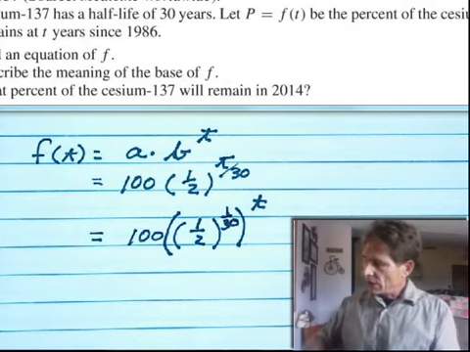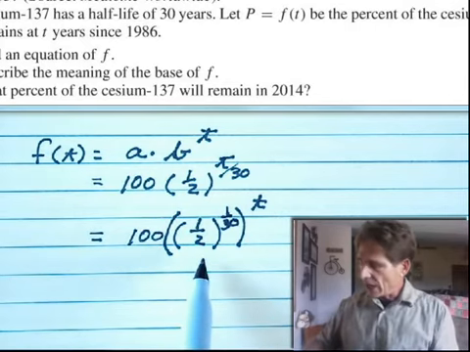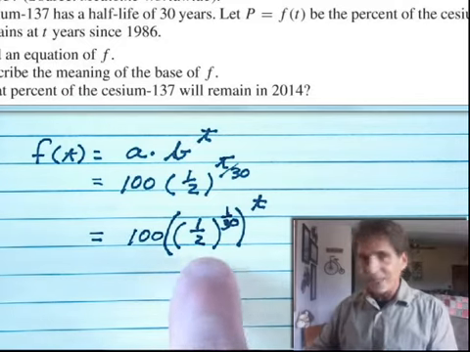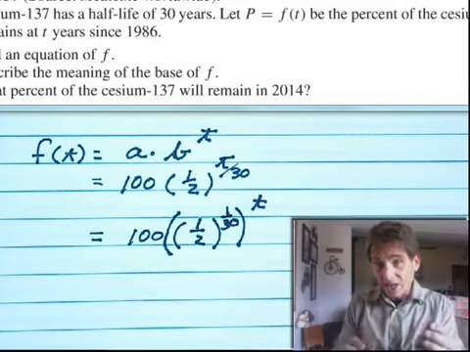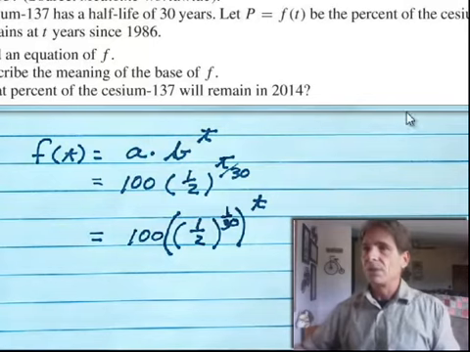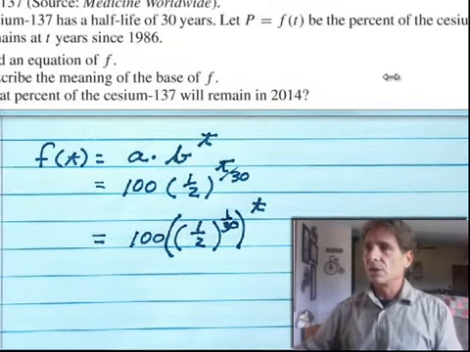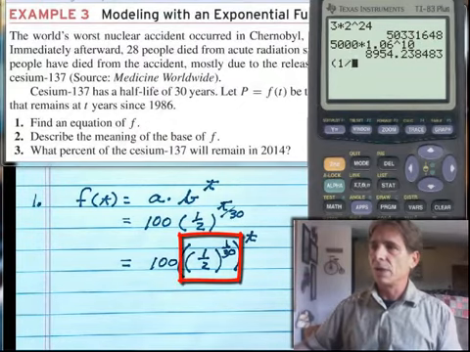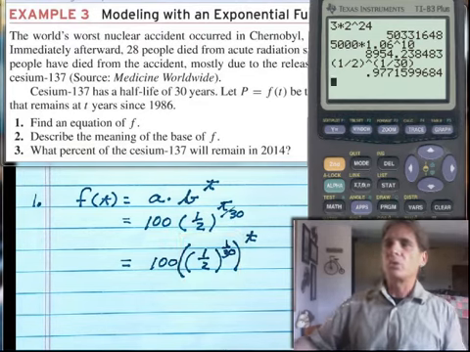Well, now I can calculate, instead of 1/2 raised to the 1/30th, I can calculate what that is each year, the decay or the multiplier for each year. Let's take a look at our calculator. If I did 1 divided by 2 raised to the 1/30th, which would be in parentheses again, 1 divided by 30, I end up with this number right here.